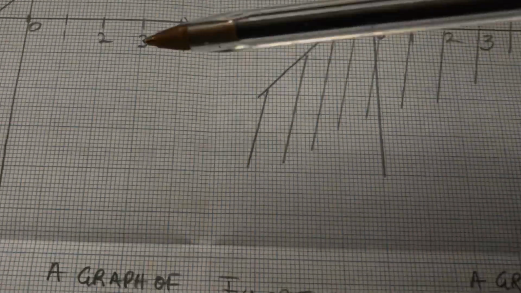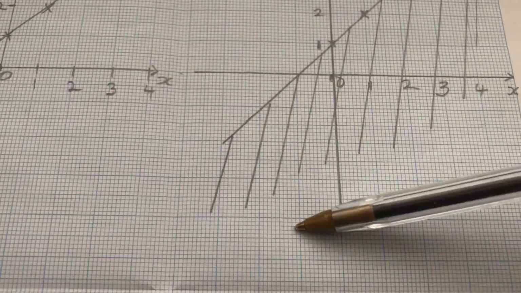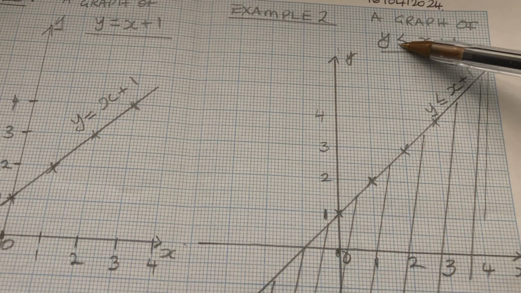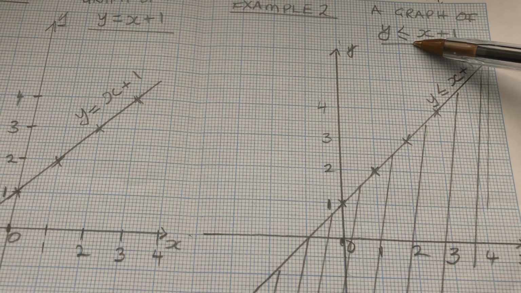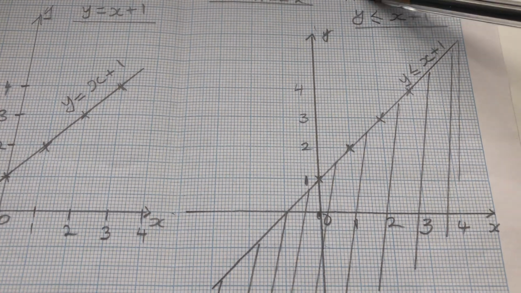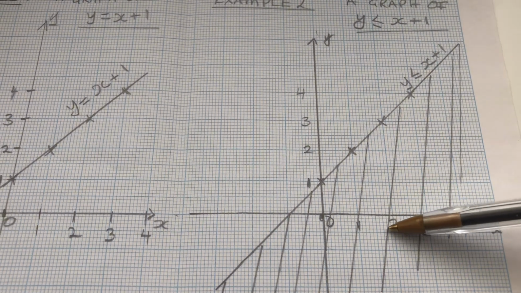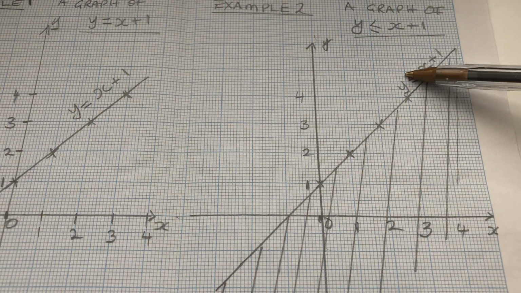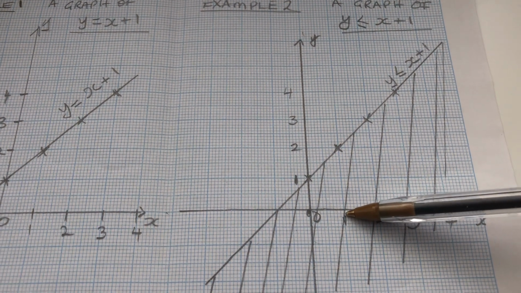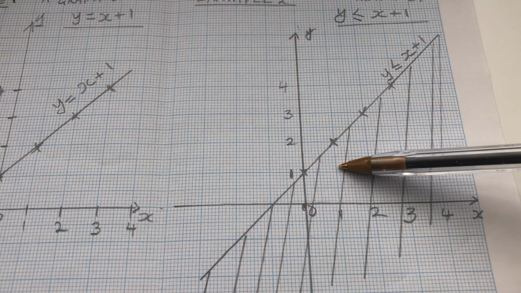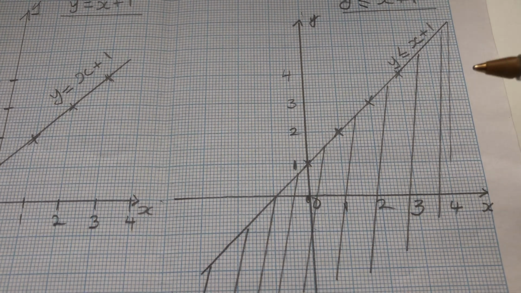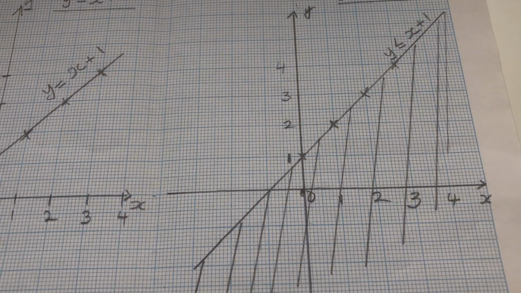So it means that this region here is what we choose if we want to draw y less than or equal to x plus 1. In any graph, you can use the origin, but you can also choose a simpler point like 1, 0, and test it and see if it is true mathematically.